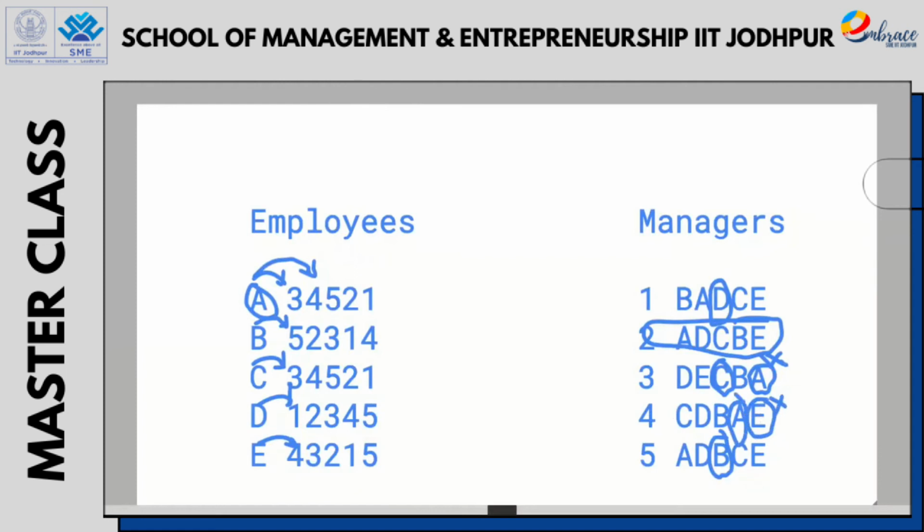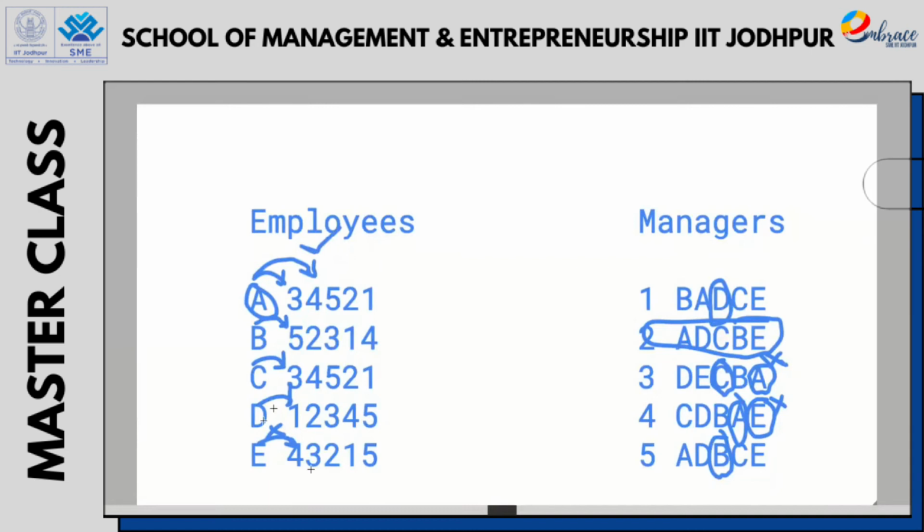Now that leaves another problem, right? What is that problem? E is no longer with 4. So everybody else, B with 5, C with 3 and D with 1 is fine. Now A is with 4. By virtue of A being with 4, E cannot be with 4.